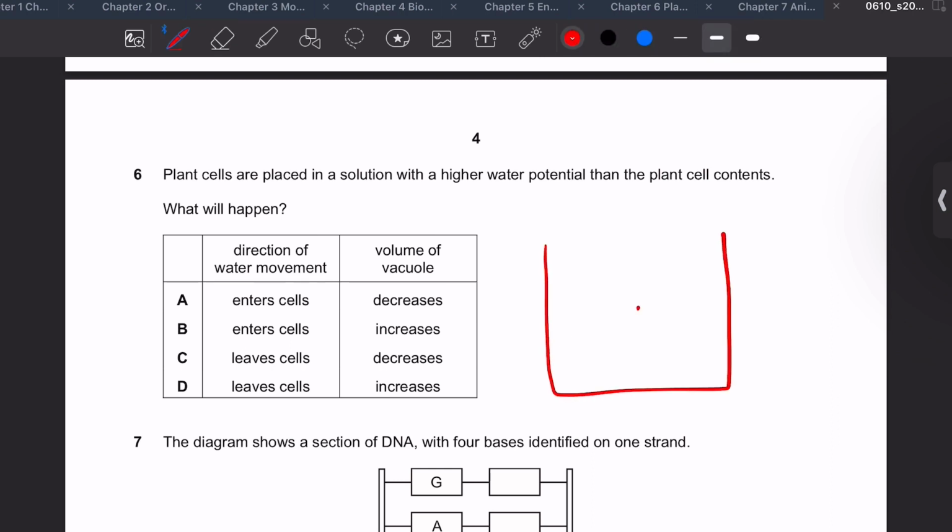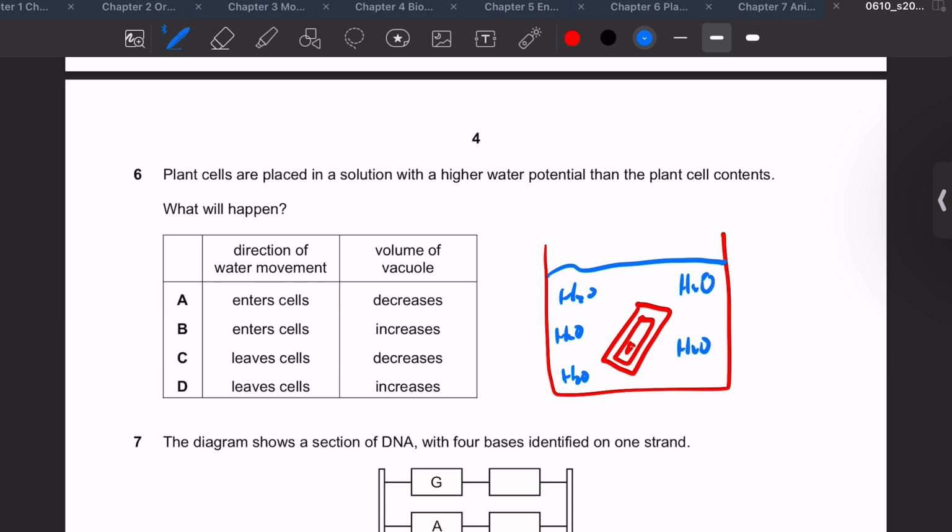So now plant cells are in a solution, and that solution has a higher water potential than the plant cell contents. So now there's more water outside the cell than inside the cell.